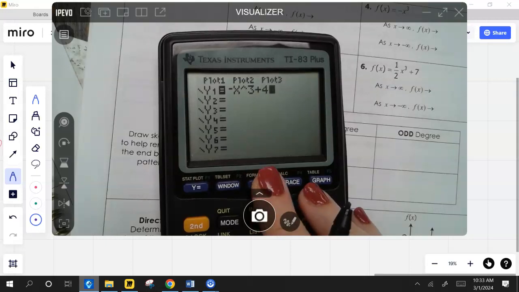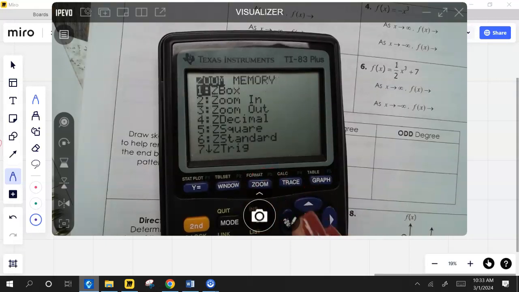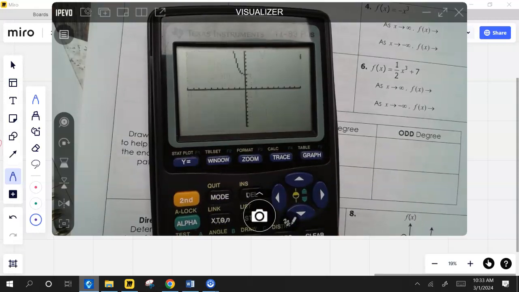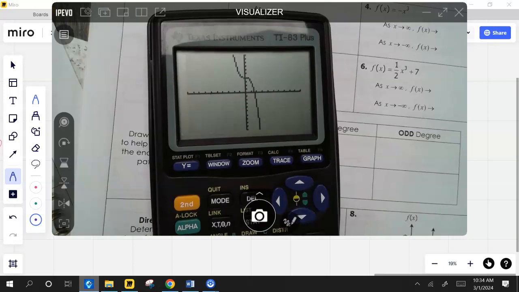Hit zoom. 6. All right. Describe the end behavior of the graph.